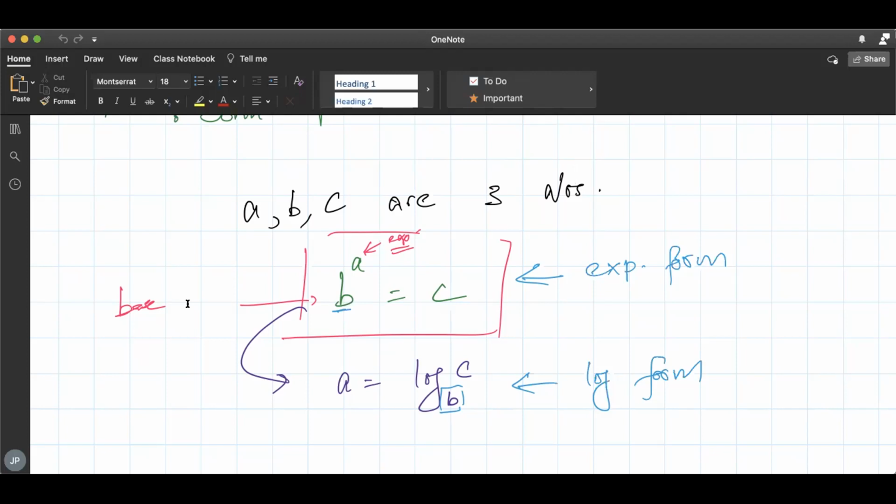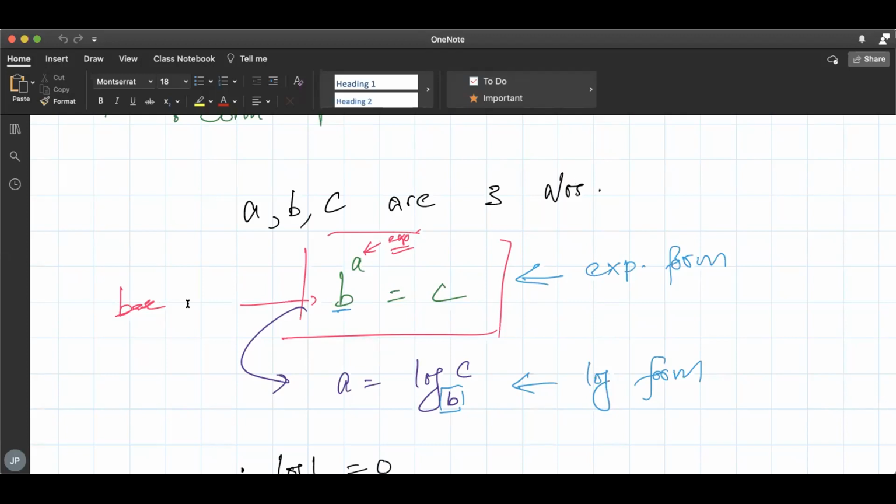There are some properties of logarithms also that come into play. All right. For instance, the log of 1 would be 0. The log of a product would be equal to the sum of the logs, any base.